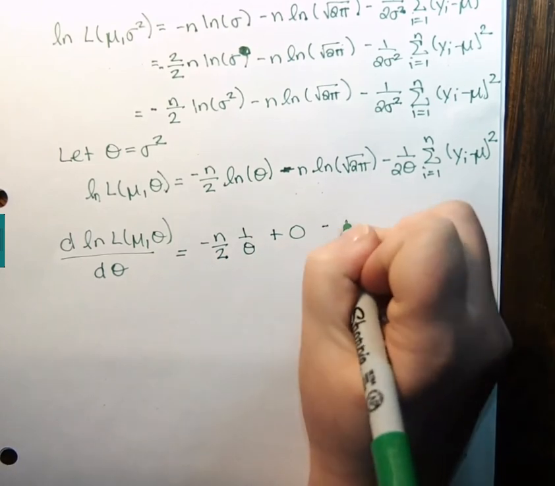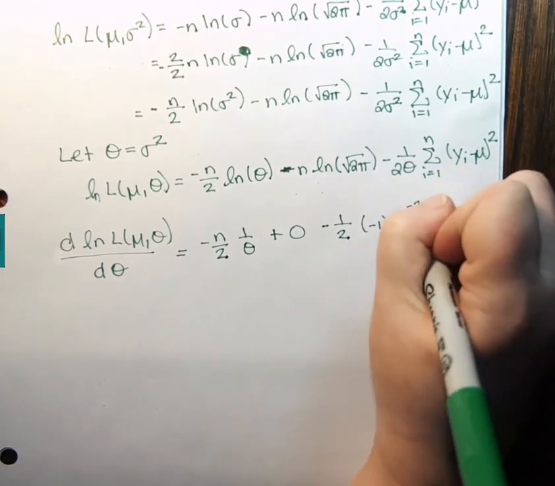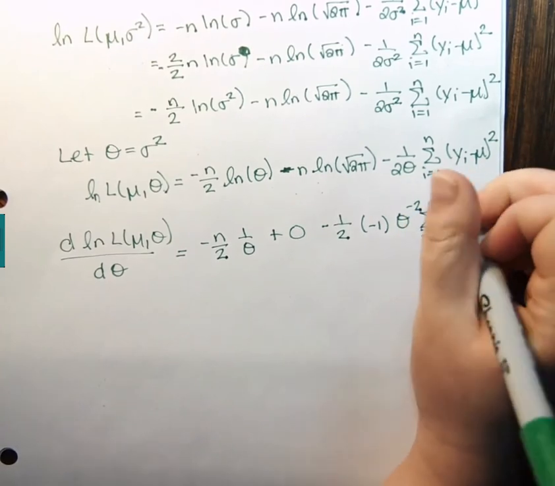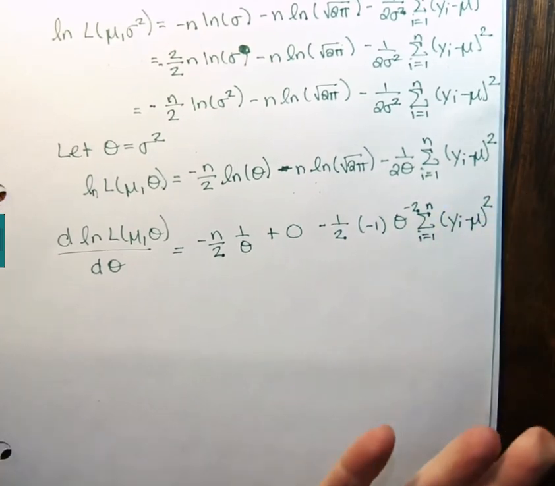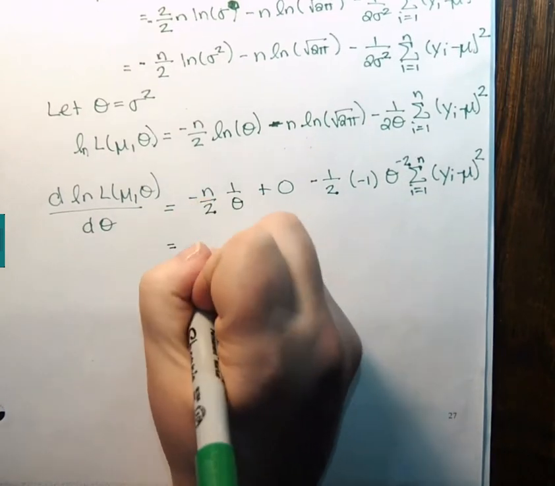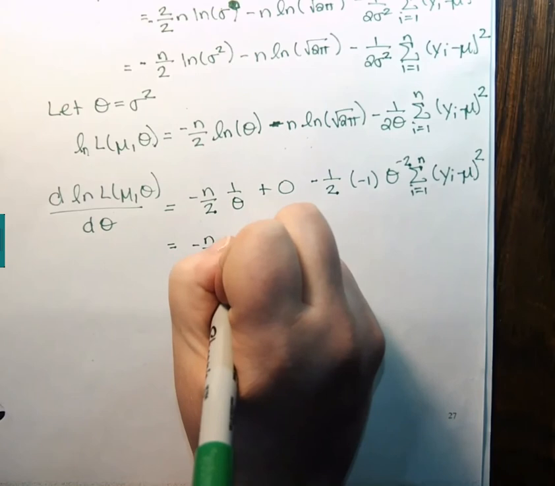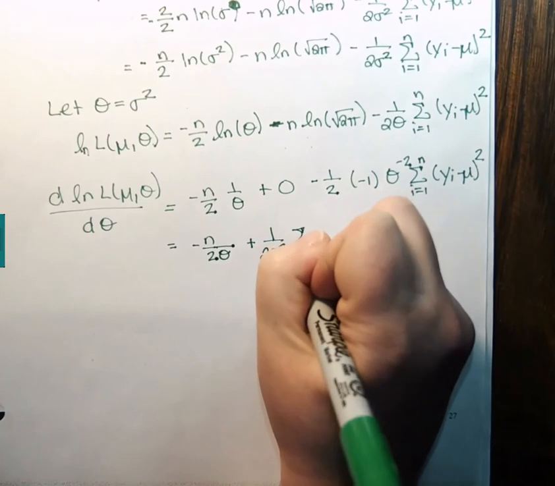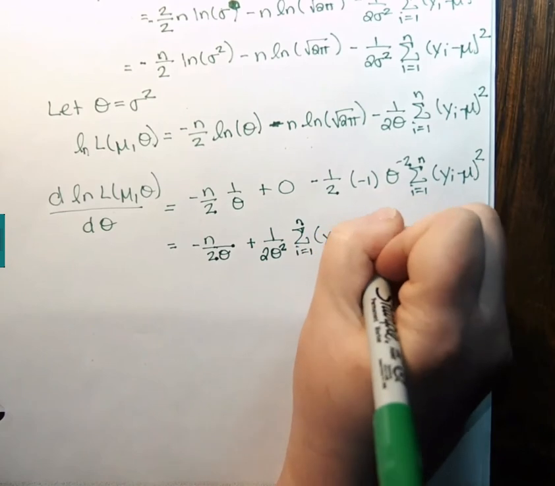And then we're going to have minus 1/2 times negative 1 theta to the minus 2 times the sum i equals 1 to n (y_i minus mu) squared, because notice this term here doesn't have a theta in it, it's just a constant. And then this simplifies to minus n over 2 theta plus 1 over 2 theta squared times the sum i equals 1 to n (y_i minus mu) squared.